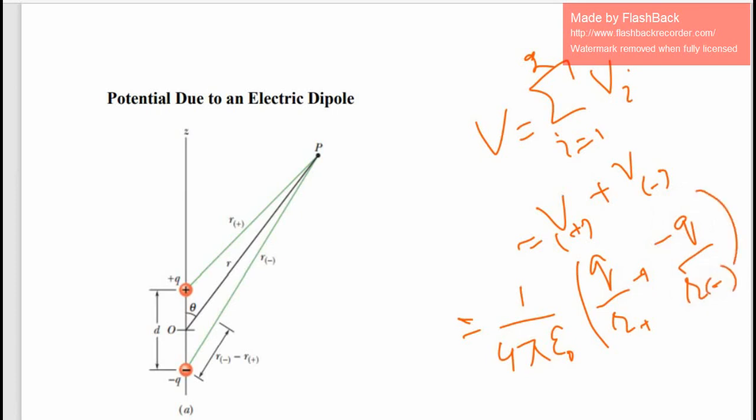So coming toward this figure, two opposite charges separated by a small distance make a dipole.